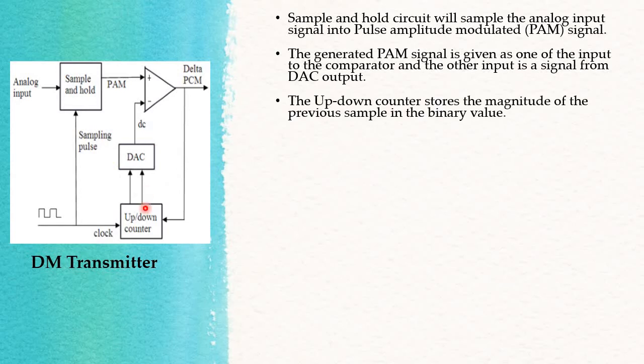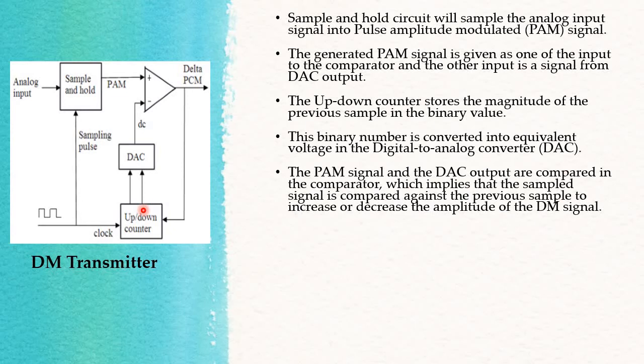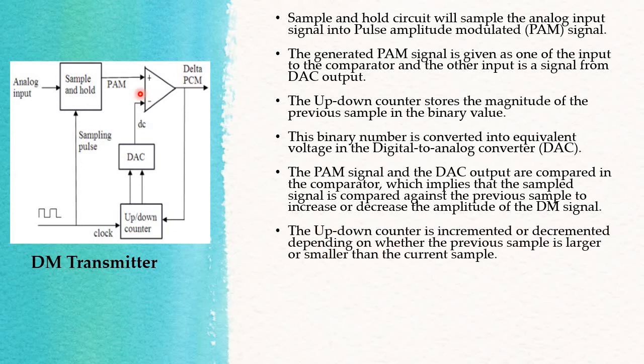The up down counter stores the magnitude of the previous sample as a binary value. This binary value is converted into the equivalent voltage in the digital to analog converter, and the pulse amplitude modulated signal and the DAC output are compared, which implies that the current sample is compared against the previous sample to increase or decrease the amplitude of the DM signal, and the up down counter is incremented or decremented based on whether the previous sample is larger or smaller than the current sample.